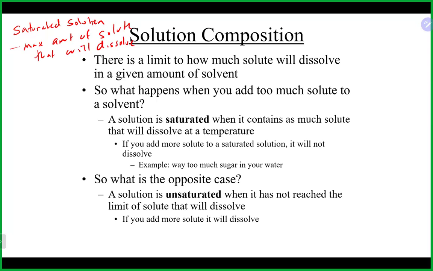If you continue to add more solid to it, it will not dissolve anymore and it will just basically pile up on the bottom of your glass or wherever you're adding that to.